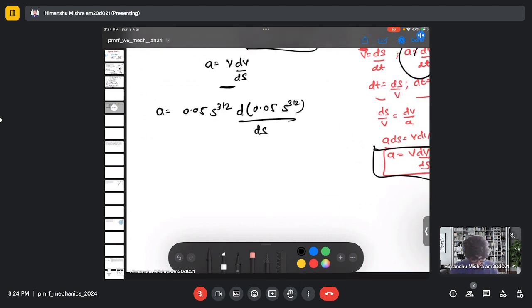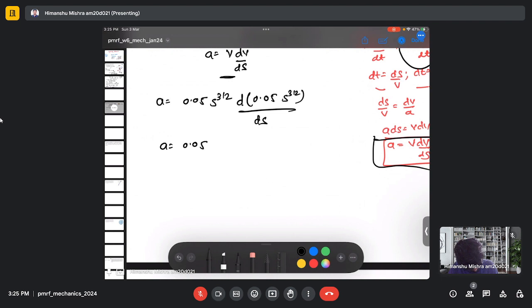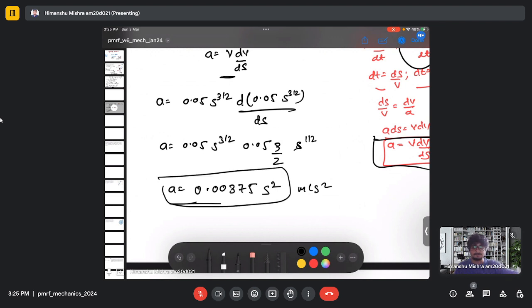Now if I differentiate, I will get the expression of acceleration, which is given in terms of distance.